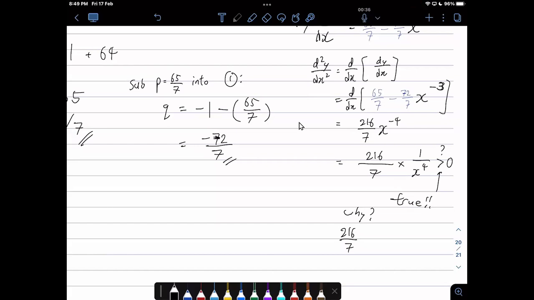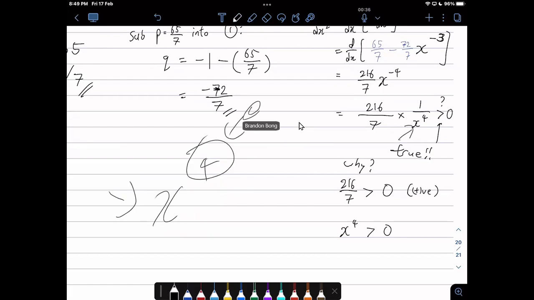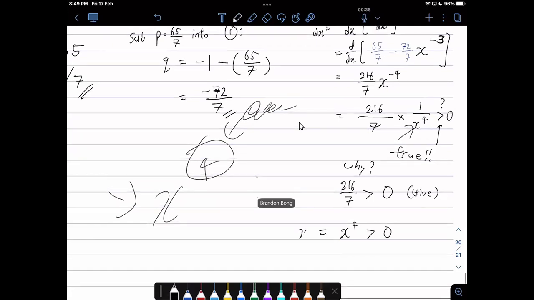No, that's circular reasoning. 216/7 is more than 0, positive, right? Yes, of course. Then how about x to the power of 4? Even if x is negative, because it's raised to an even power, it will result in a positive number. Exactly. Correct.